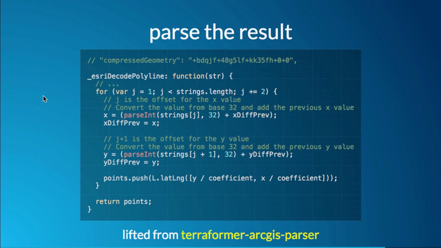So luckily, I just looked online and found that we'd already open sourced a JavaScript implementation of parsing that compressed geometry. I embedded this as a new private method in mine, and basically the only thing I did different is just take the Y, X values that came out and cast them to a Leaflet lat long.